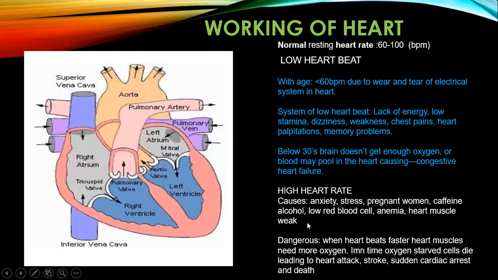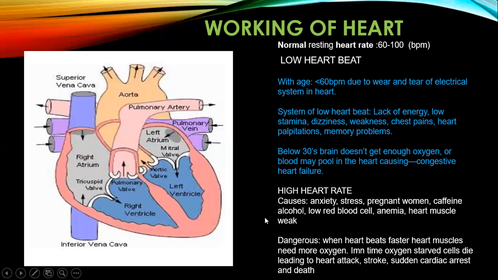In such situations also, the heart rate goes beyond 100, and that becomes dangerous, because if your heart is beating too fast, the heart muscles require more and more oxygen, and due to the deficiency of oxygen your heart cells may starve, which may lead to heart attack, stroke, and sudden cardiac arrest, or may even lead to death.